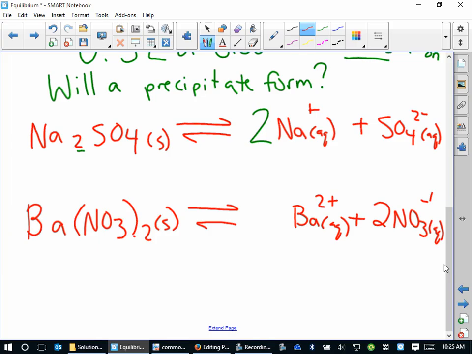Okay. Now, what is going to happen? Possible precipitates. We're either going to have barium SO4 or sodium with NO3. So those are my possibilities. So we're either going to have NaNO3.